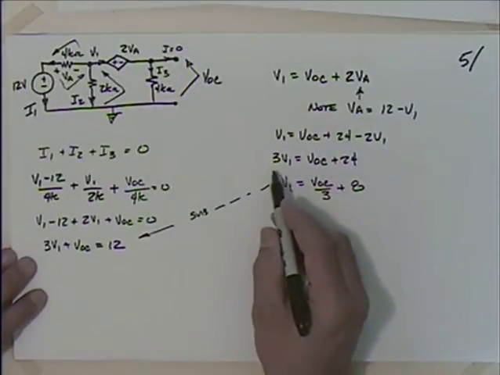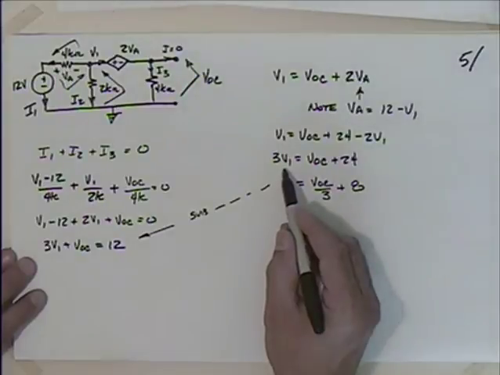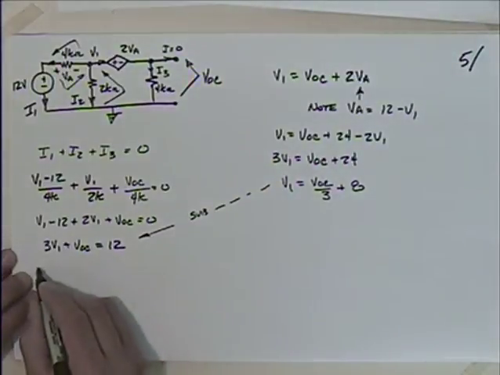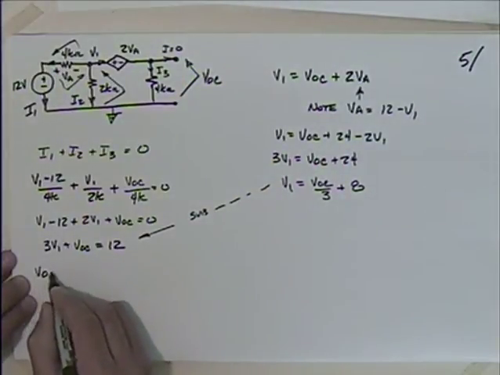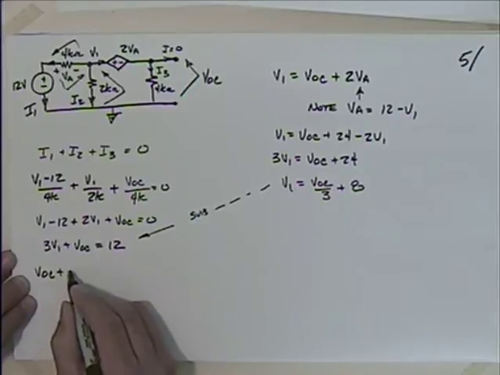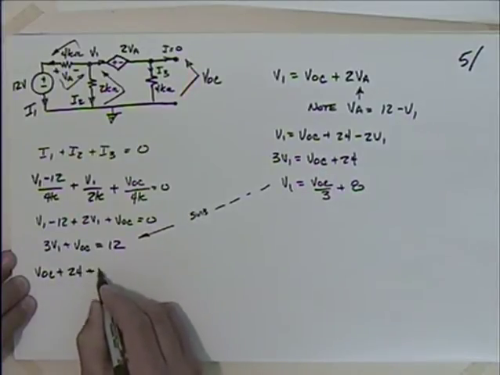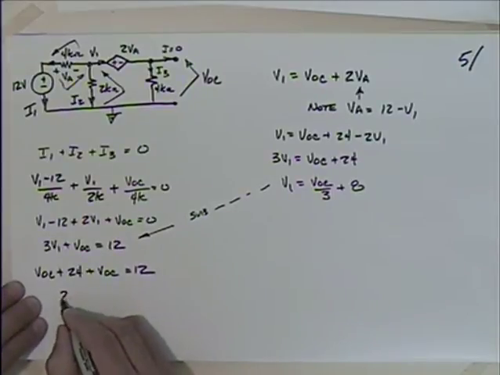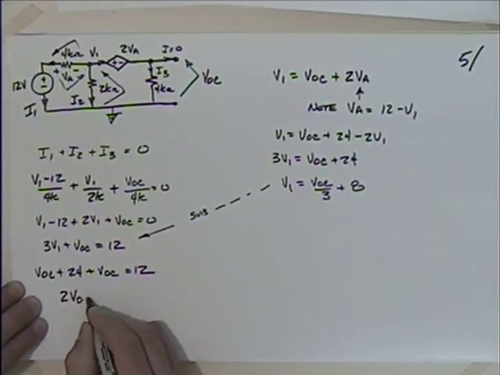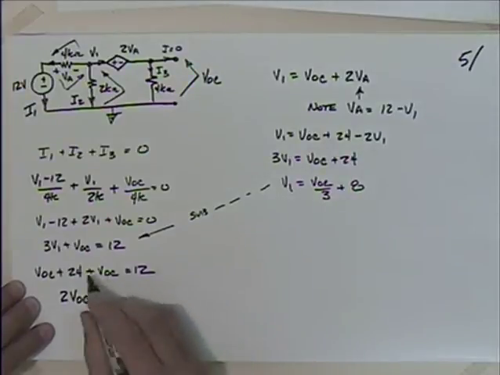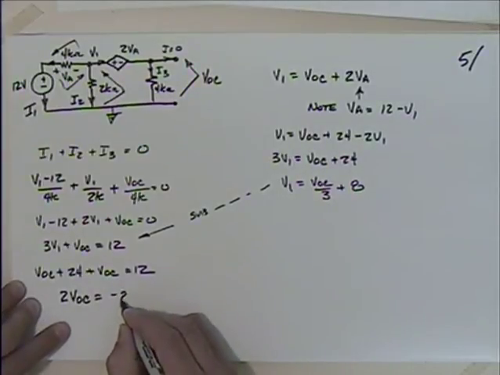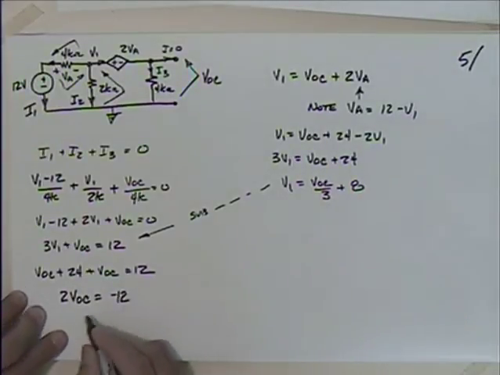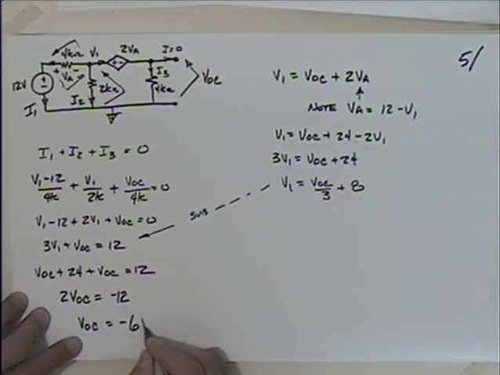I guess I could have made the substitution for 3V1, which would have been even better, because I'd come right back here to V open circuit plus 24 plus V open circuit is equal to 12. So we have 2 V open circuit is equal to 12 minus 24, which is minus 12. So V open circuit is equal to minus 6 volts.